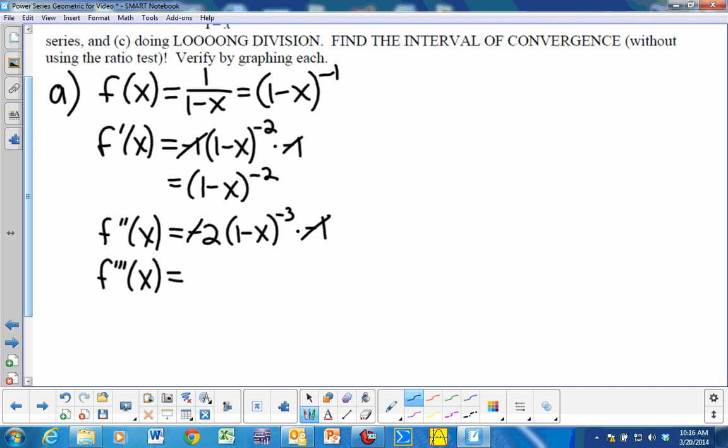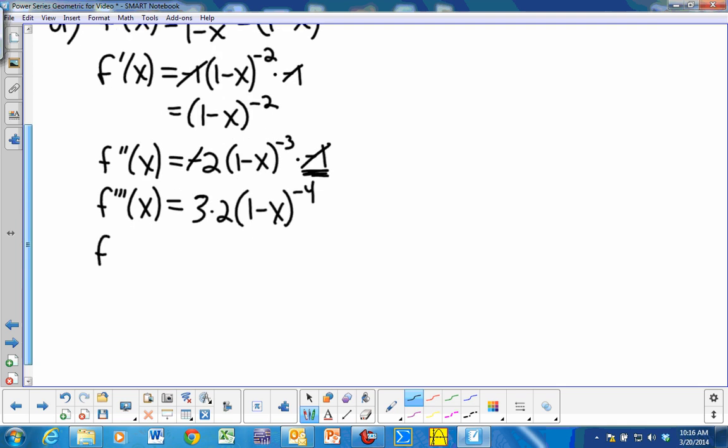So I would put -3 in front, but in a minute I would be multiplying by -1, so we'll just put 3. And then it's 3 times the 2 that's already there, times 1 minus x to the -4. And let's do one more time, and I think we should see a pretty good pattern here. I'm going to put the -4 in front, but again, that -1 is going to come in and get rid of the negative.